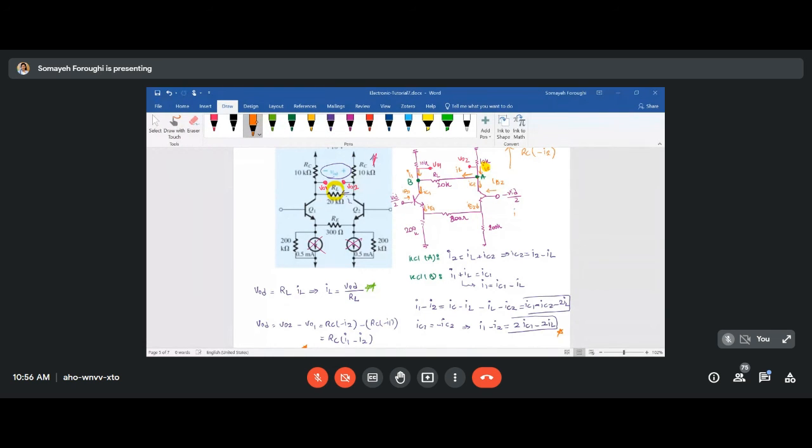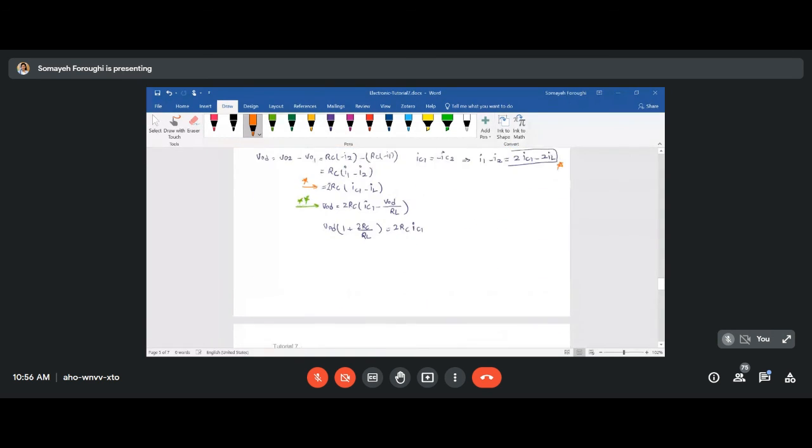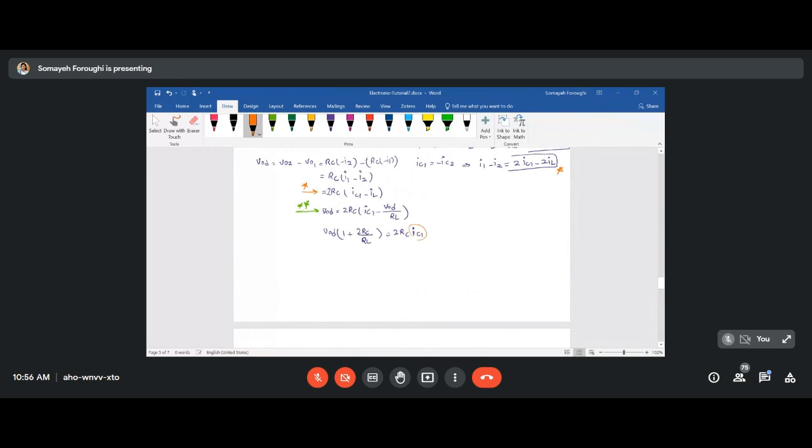IC1 is beta times IB1. So if you replace it by beta times IB1, then finally we will be able to replace IC1 with something in terms of IB1. So instead of that, I'm going to write beta times IB1.